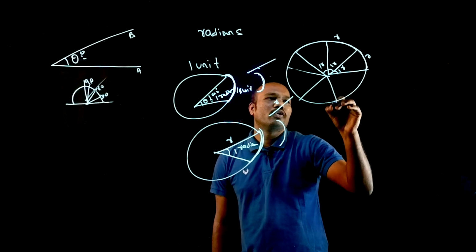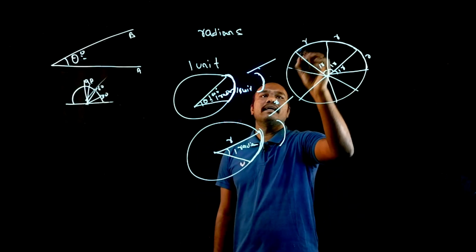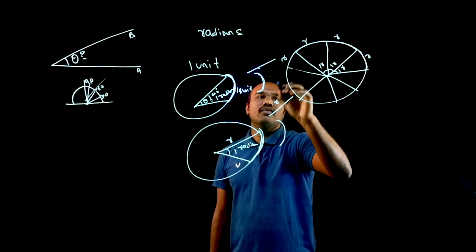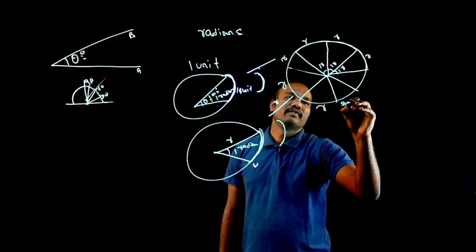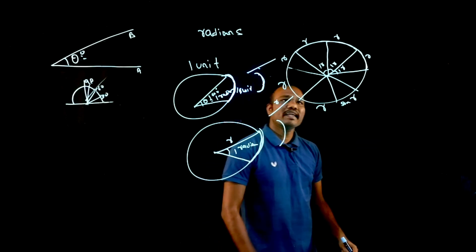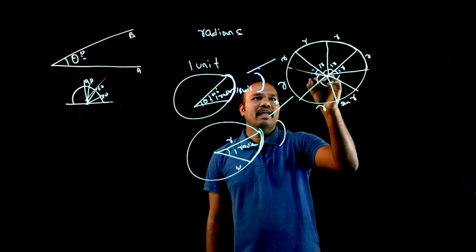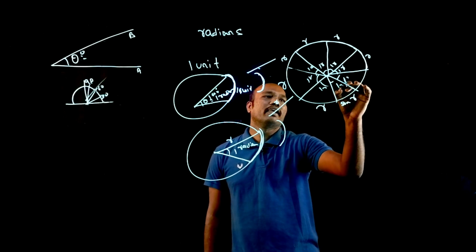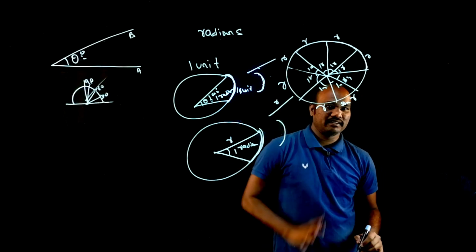If you calculate it properly, 1, 2, 3, 4, 5, 6 plus some extra, this is the total angle of the circle.